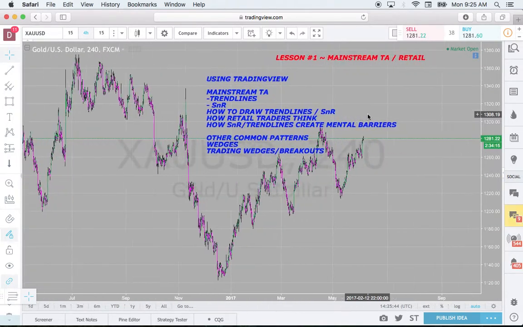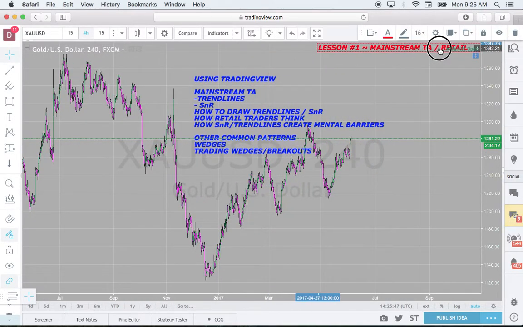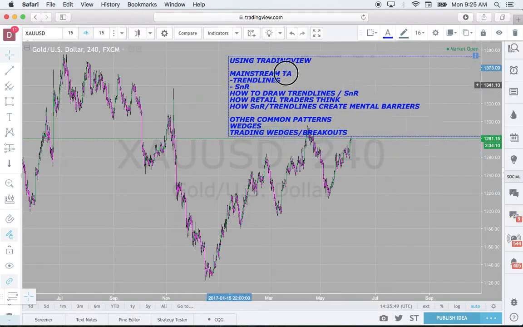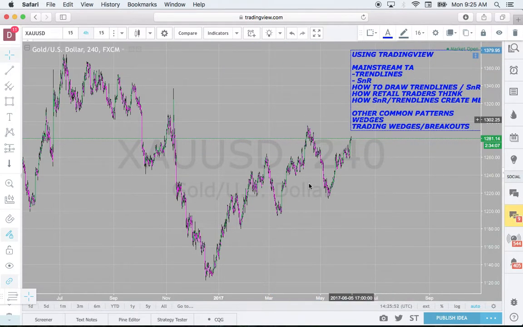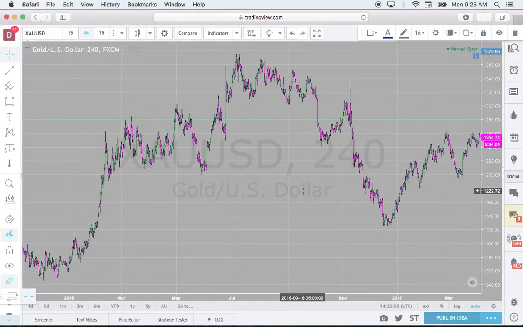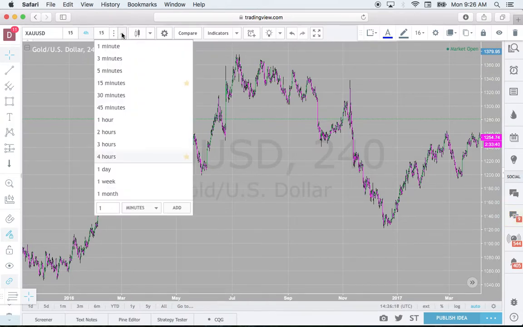So, first off, we're going to be looking at drawing trend lines. We've all heard when trading that you should always go with the trend, right? And trends are a very common aspect across all markets and all currency pairs, and also on all different time frames, you'll find different trends.